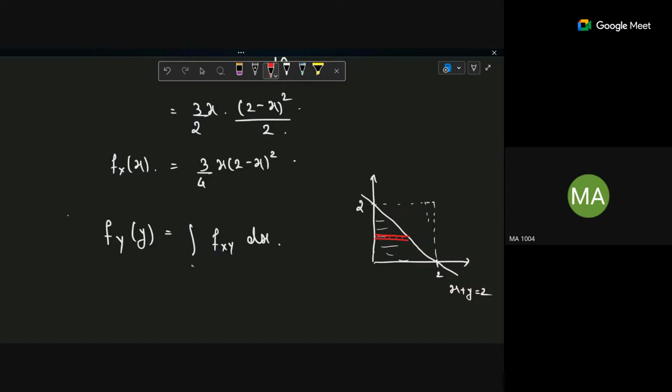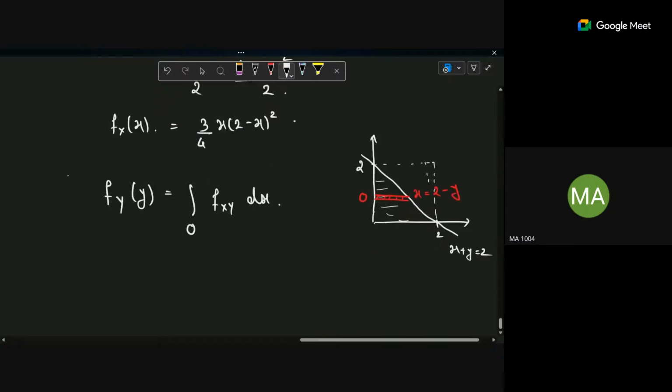Fine. So the lower limit for x is 0 and the upper limit is x plus y is equal to 2, that means x is equal to 2 minus y. Okay. So you will integrate it from 0 to 2 minus y. Rest of the integration, will you try it, so that I will introduce the next question and discuss it in short.